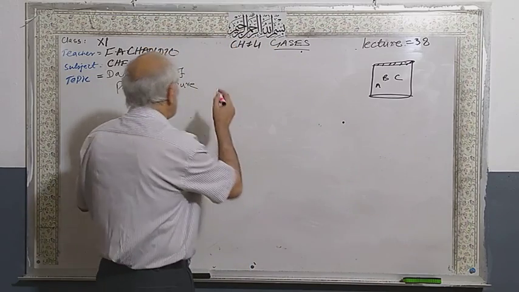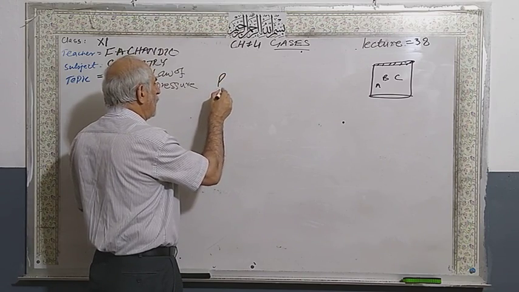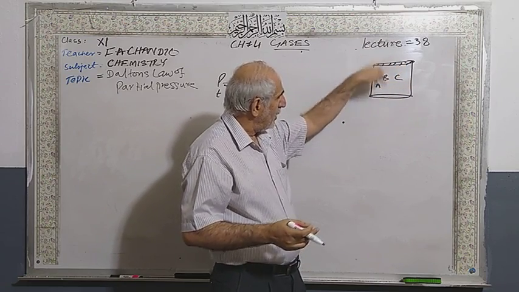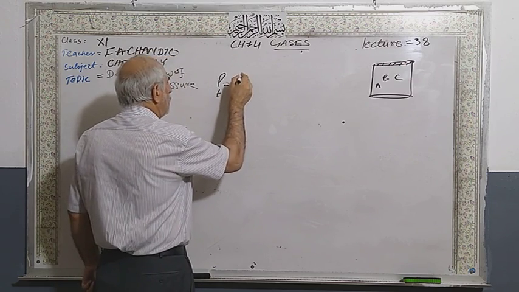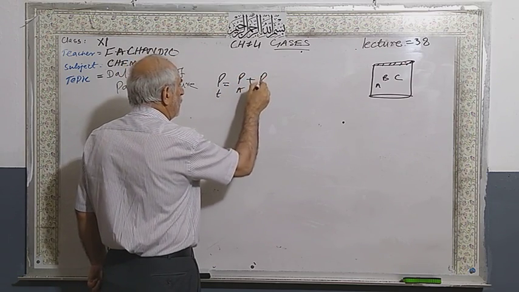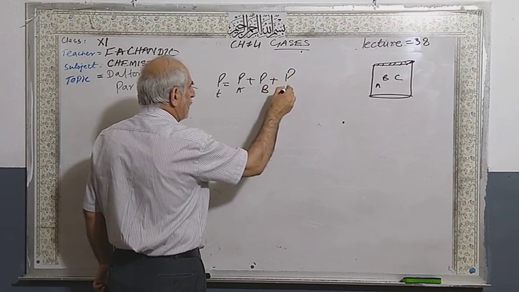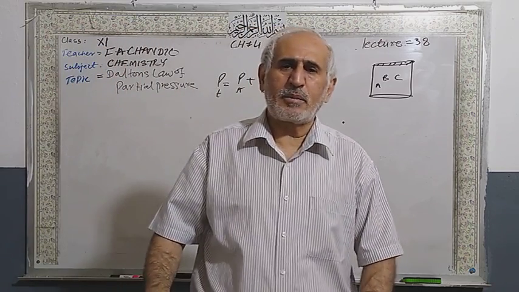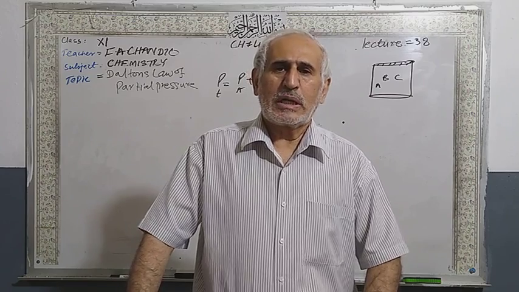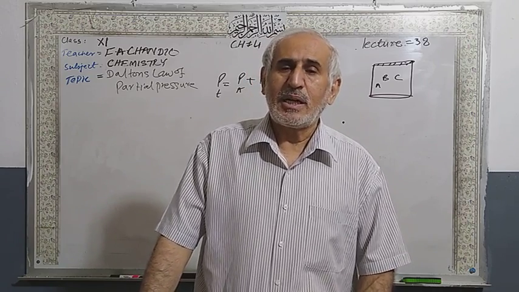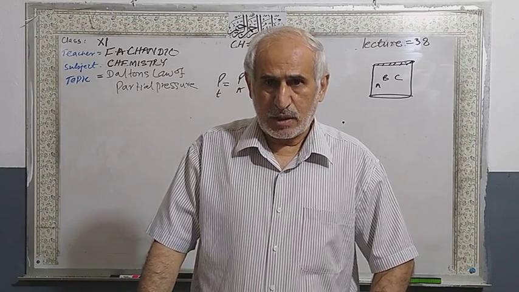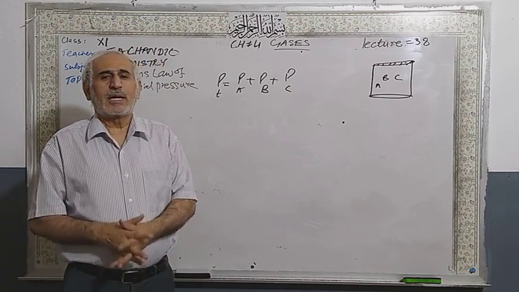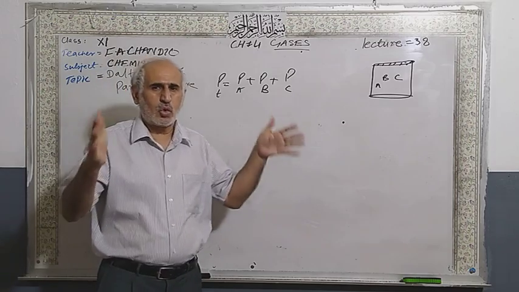It means that the total pressure of the container must be equal to the partial pressure of gas A plus partial pressure of gas B plus partial pressure of gas C. Total pressure exerted by the mixture of gases, which must be non-reactive, is equal to the sum of the partial pressures of gases present in a closed container.